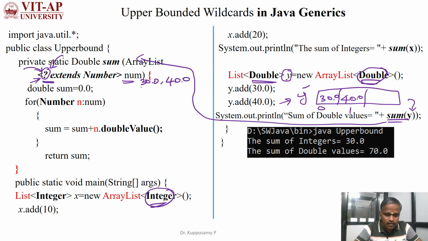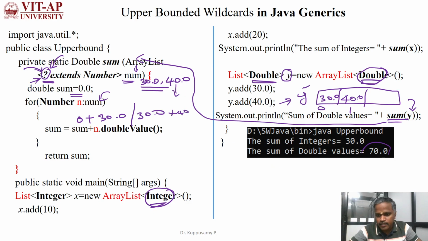Based upon the data received over num, inside the method the sum is 0.0, then num has two data. First it uses 30, which is added to 0. Then the sum is 30, and we add the second value 40.